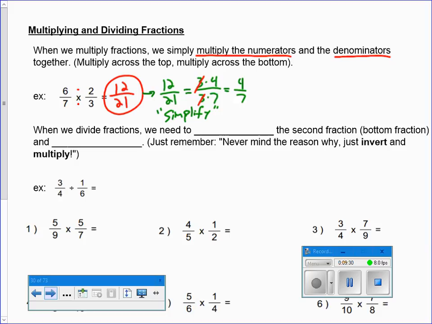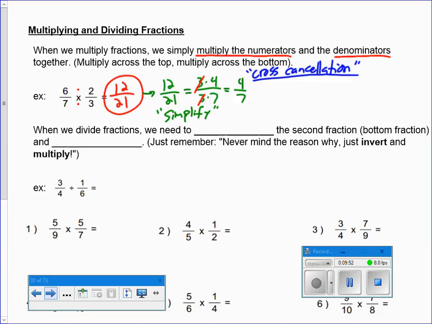Another way we can do this, and this is kind of a shortcut, is called cross cancellation. Cross cancellation is where we actually simplify before we multiply. So we take out those common factors ahead of time and then multiply.